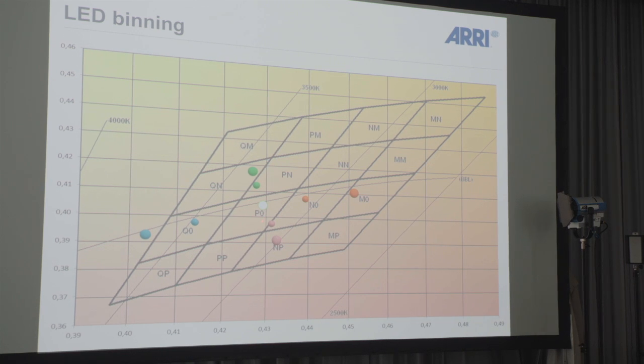And the difference between these bins, how big is the difference? To get a feel for it, I have these little colored dots here. This colored dot is like tungsten with an 8th CTO, this color is a quarter CTO, and the same with an 8th minus green.